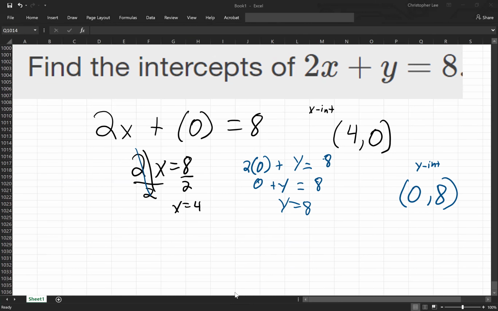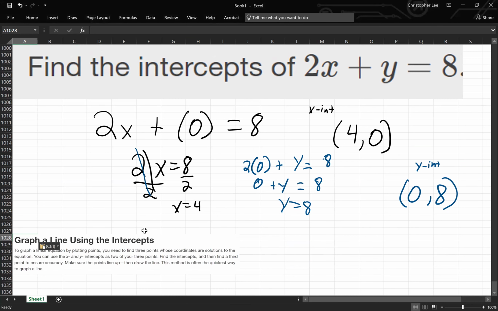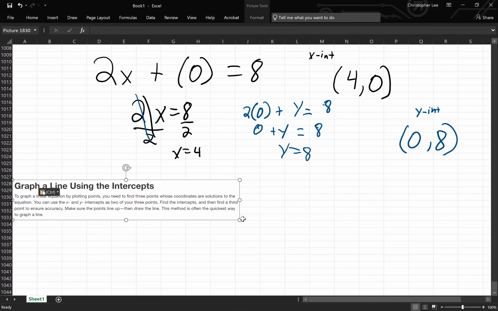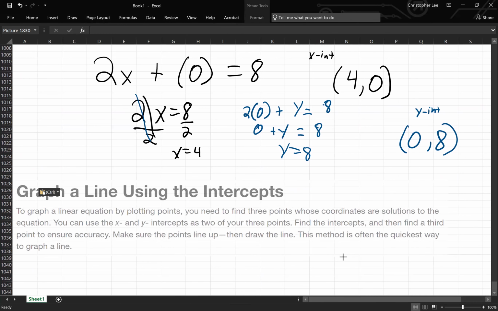All right, do we feel like we get this or y'all want to try one? Good? All right. So let's take it up a notch. I want to graph a line using the intercepts.